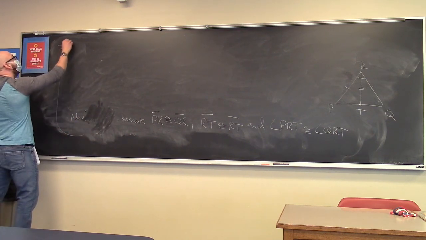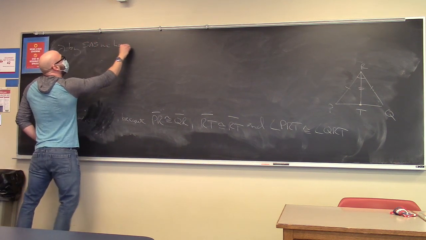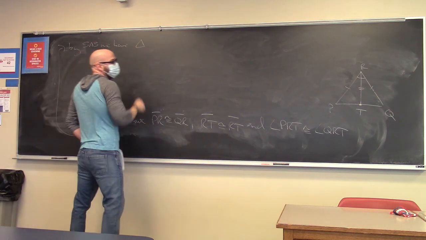Then, by SAS, we have that those two triangles are congruent.